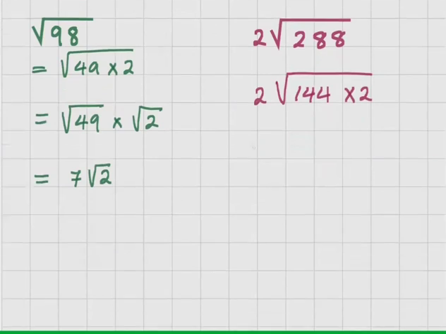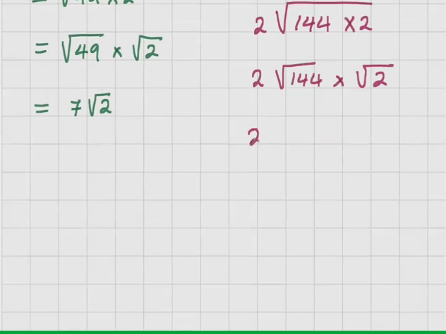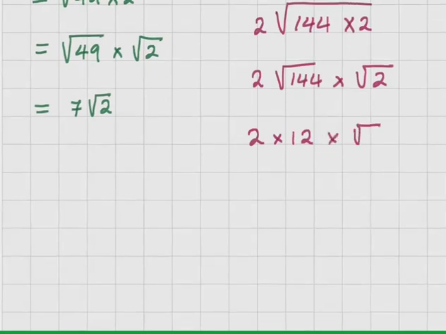We keep our integer 2 on the outside, and then we separate. This is the square root of 144 multiplied by the square root of 2. Simplifying further, the square root of 144 is simply 12, the ordinary number 12. Root 2 is a surd, we keep it as root 2. Now we can multiply these two numbers, and this returns 24 multiplied by our root 2.